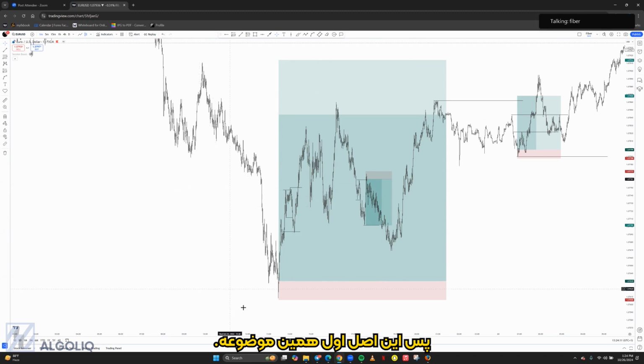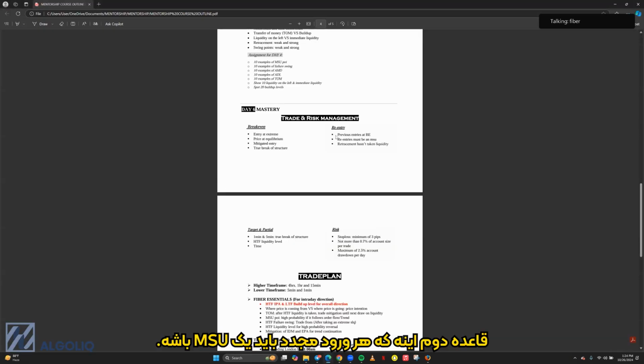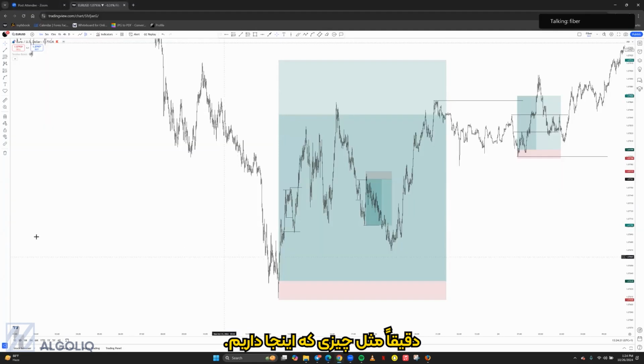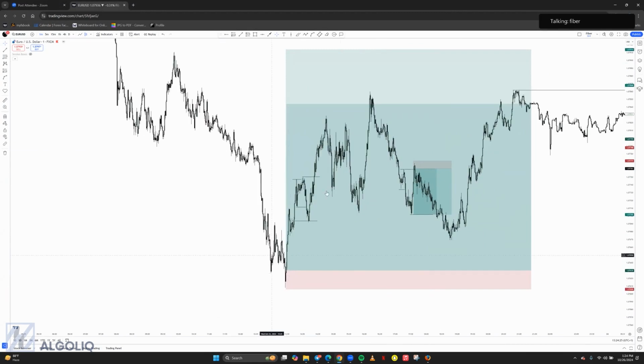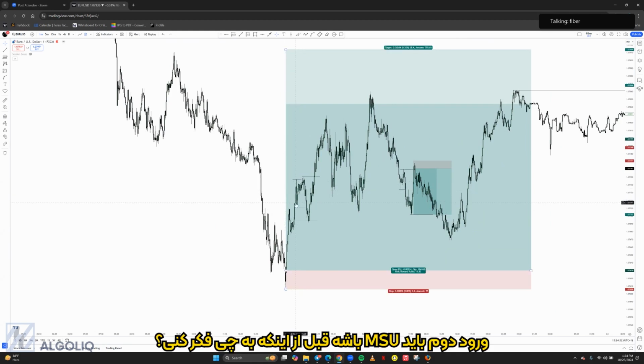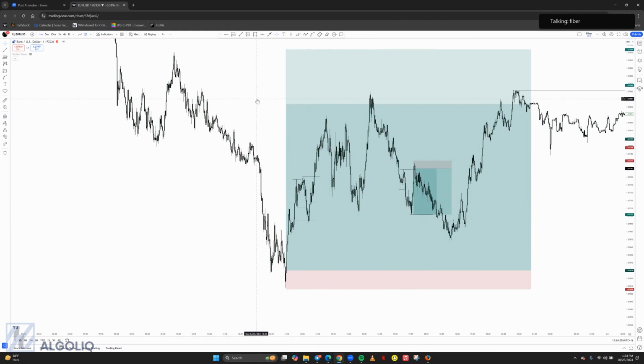So that is what the first rule is all about. The second rule is every re-entry must be an MSU. That means you need to have a fake break of structure, just like what we have right here. Let's say I'm looking for the entry, this is my first entry. My second entry must be an MSU before you think of looking for another entry.